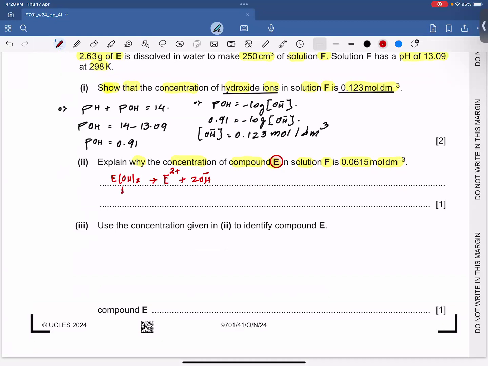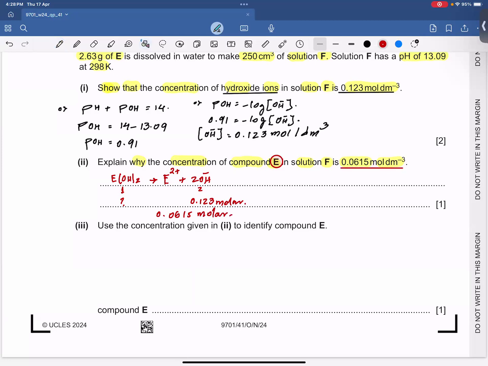According to the equation, we have a 1:2 ratio. If the concentration of hydroxide ion is 0.123 molar, molar means mole per dm cube, then the concentration of this is going to be 0.123 divided by 2, so it's going to be 0.0615. And that's the value of concentration given in the question.